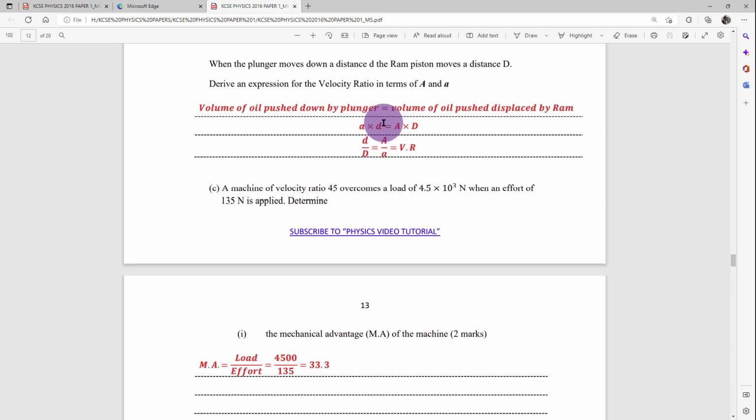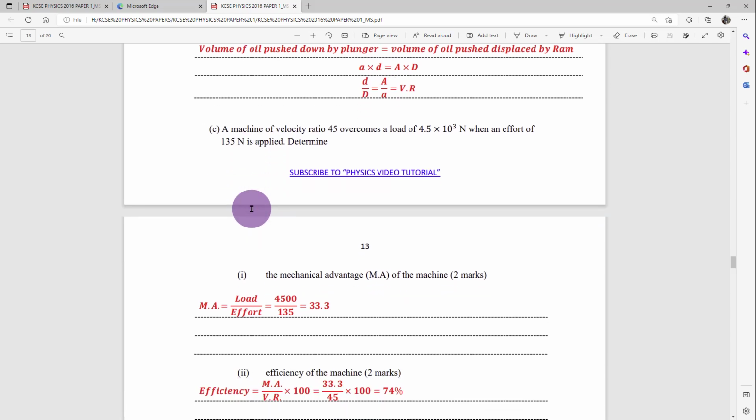That's why I get this. So the trick is to get this ratio here, distance moved by the effort to the distance moved by the load, because that is what defines velocity ratio. This relationship can be obtained by dividing both sides by capital D and both sides by small a, and you find that velocity ratio is A over small a.